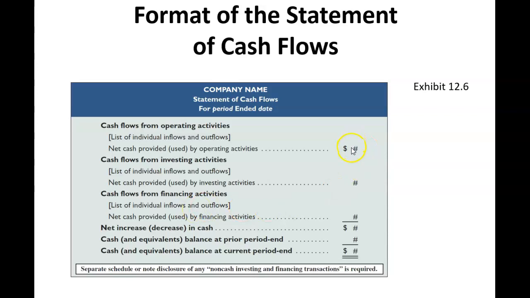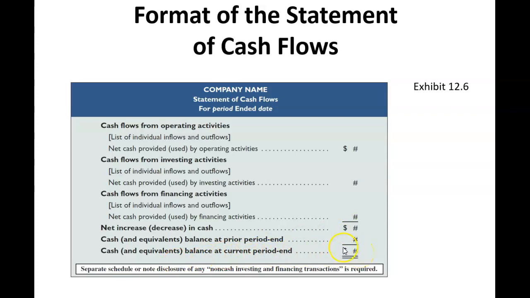And then we're going to total up the net cash provided or used by each of the activities to calculate an increase or decrease in cash during the financial statement period. We will show the balance at the beginning of the period and add that to the net increase or decrease in cash for the current period, and that should calculate the year-end balance of cash.